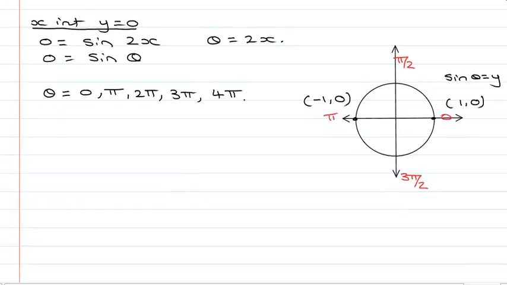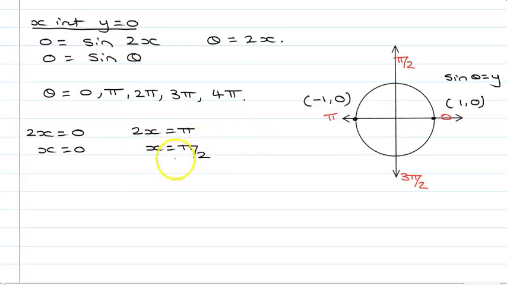To find our x-intercepts, let's substitute all of these back into this. So the first solution equals 0, therefore x equals 0. The second solution, 2x equals pi, therefore x equals pi over 2.